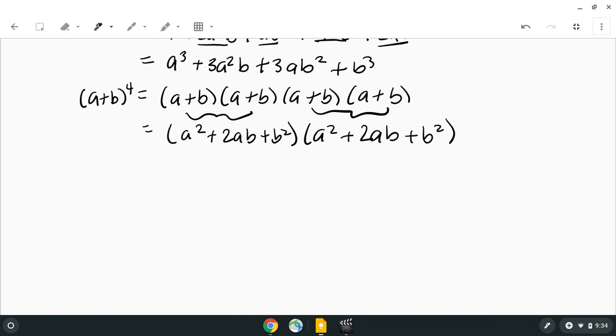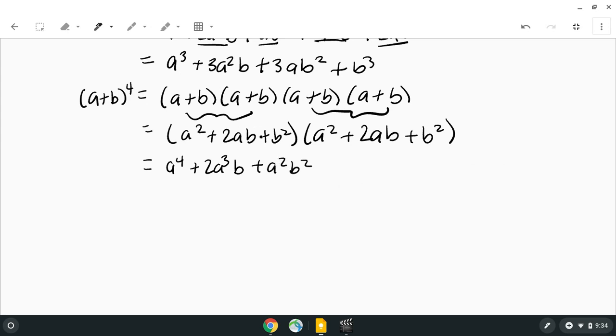Let's do it so that we can appreciate the binomial theorem and Pascal's triangle. So I'll distribute this way this time. I'll multiply a squared times all three terms here. So I get a to the fourth plus 2a cubed b plus a squared b squared.